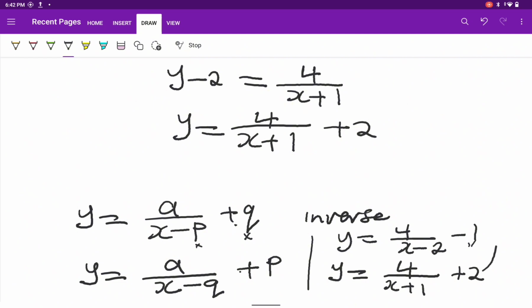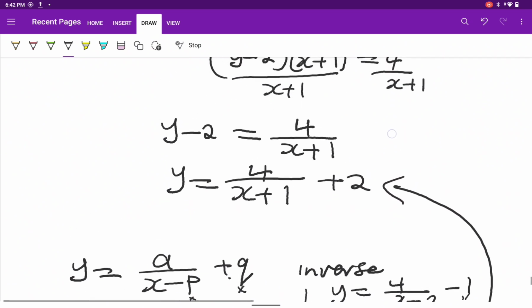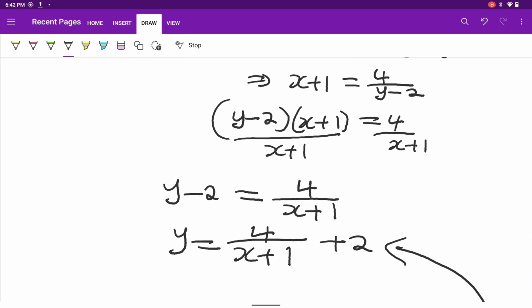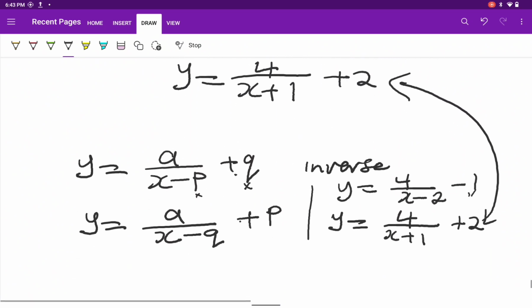And if you check, this is the same thing that we got there, right? So you can go straight to the answer instead of having all these many steps, but I was just showing you how we get the inverse. So that is the inverse.